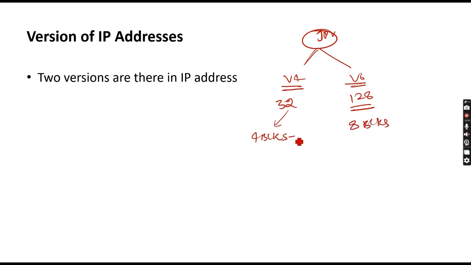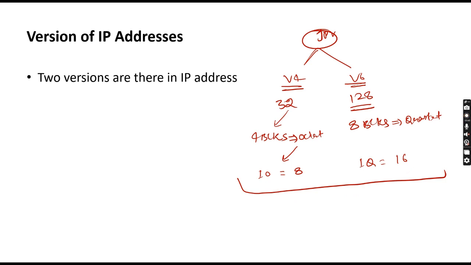These 4 blocks are considered octets, and here they are called quartets. One octet contains 8 bits, and here one quartet contains 16 bits. This is very, very important to remember.